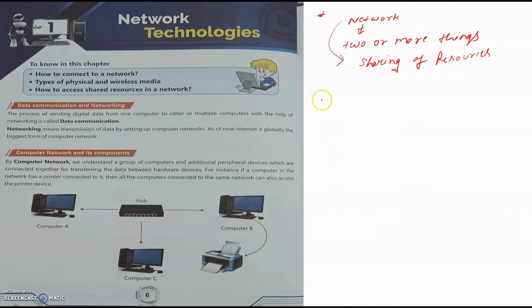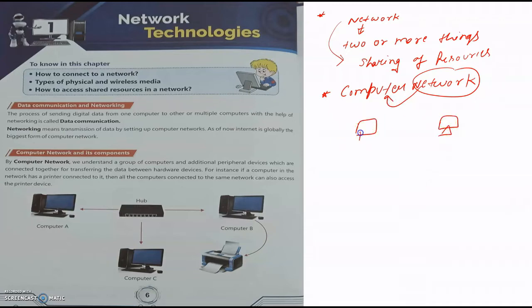Now in terms of computer, what is computer network? It means the network of computers. So the definition is that a network in which two or more computers are connected with each other for sharing of resources. Resources is what? Data, information, that is resource.